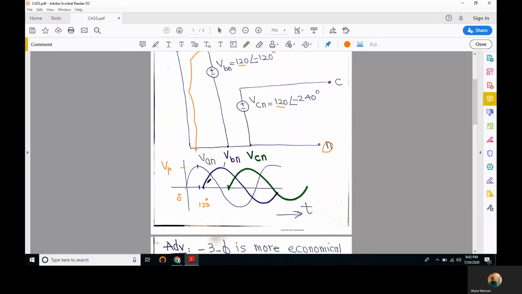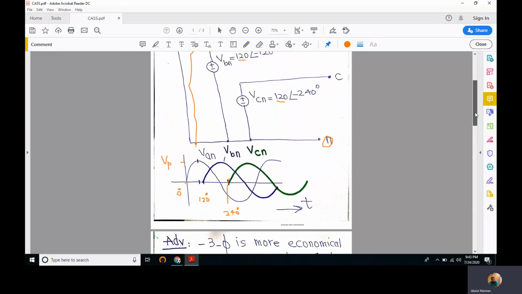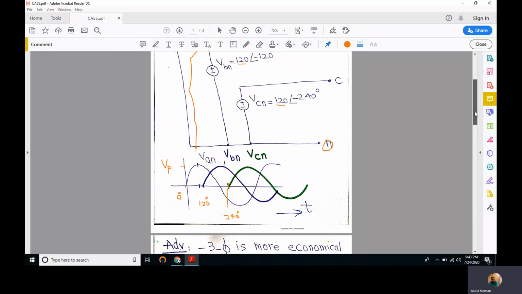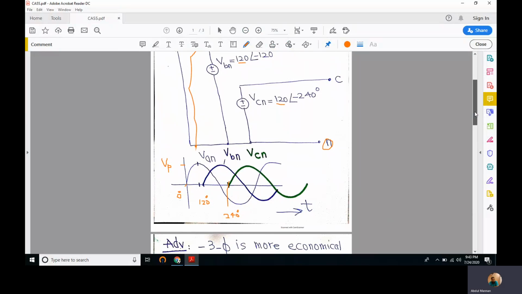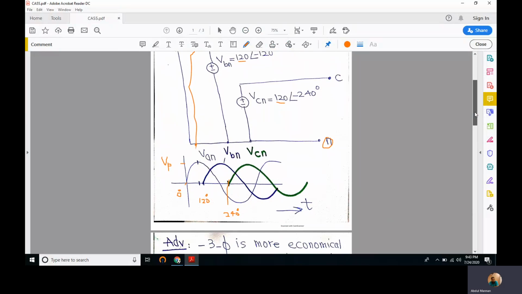Similarly, VCN starts 120 degrees after VBN, or 240 degrees after VAN. So VBN is delayed by 120 degrees and VCN by 240 degrees. Right, so we have these three voltages, exactly the same in magnitude, but they differ in phase.